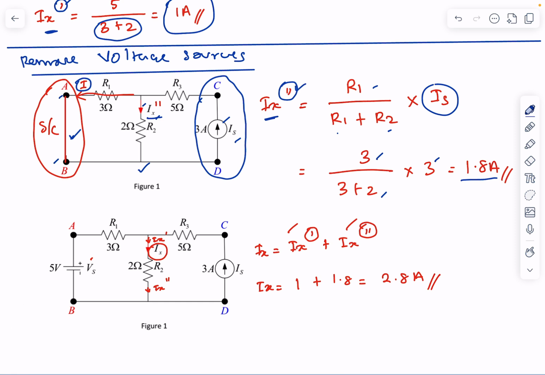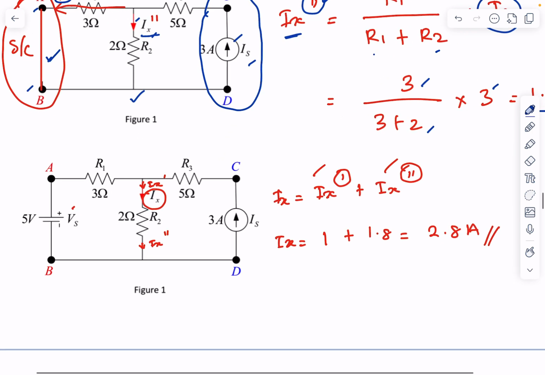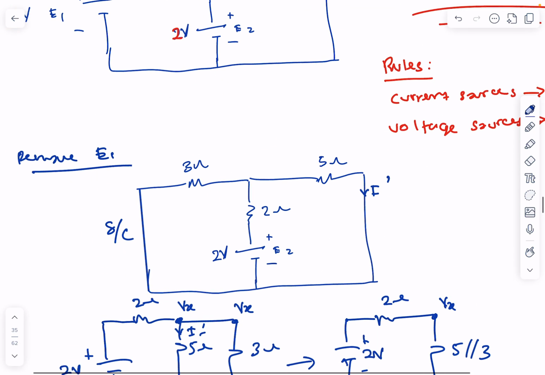If you restore the original diagram, you have both Ix single prime and Ix double prime, and both are in the same direction. So Ix is equal to 1 from the single prime plus 1.8 from the double prime. In the end, Ix is equal to 2.8 ampere. Let's look at another example.